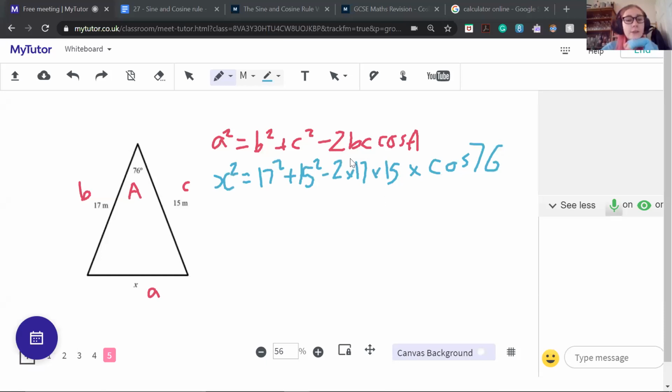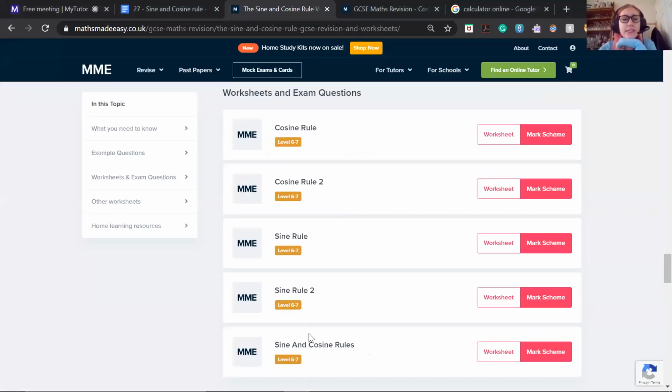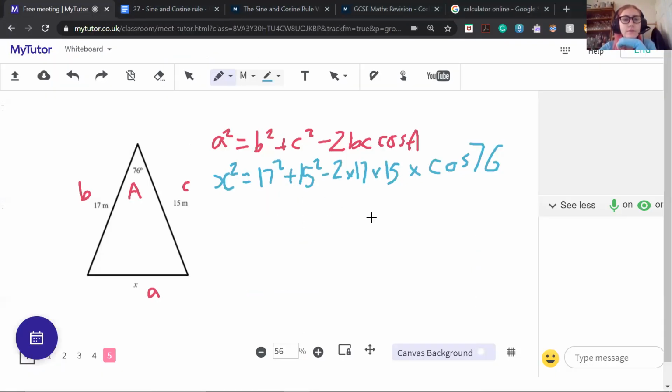Just while you're working it out, someone's asked, what level is this? That's a good question. I think on this worksheet thing, yeah, level 6 to 7. And that makes sense. Yeah, they're fairly high grade ones, because they can be quite difficult. But I think you can all tackle them, hopefully.